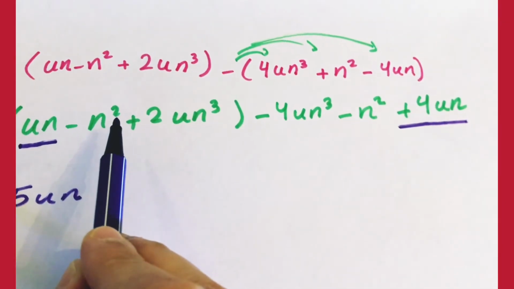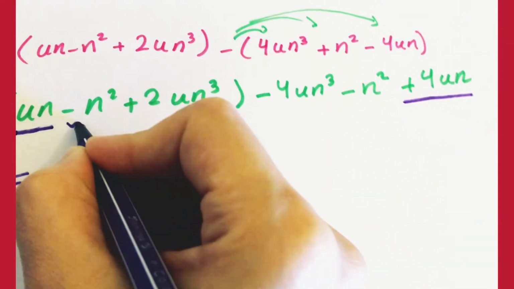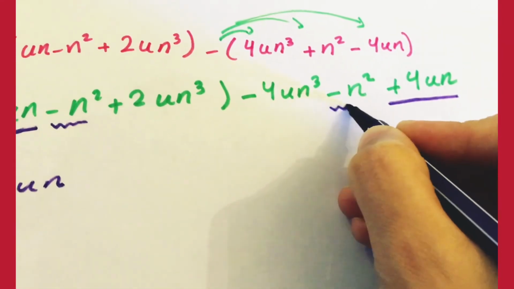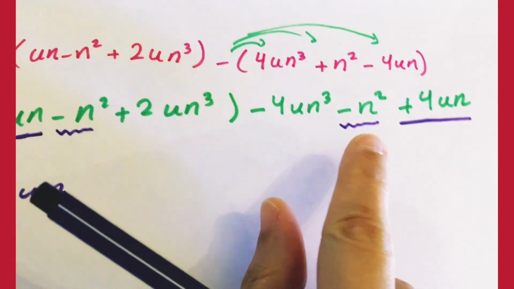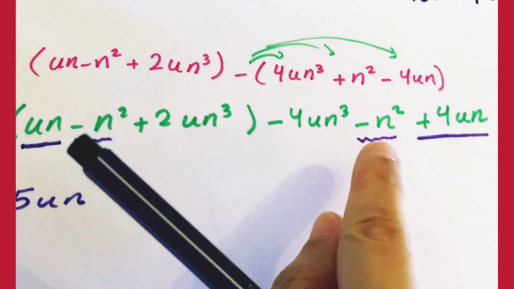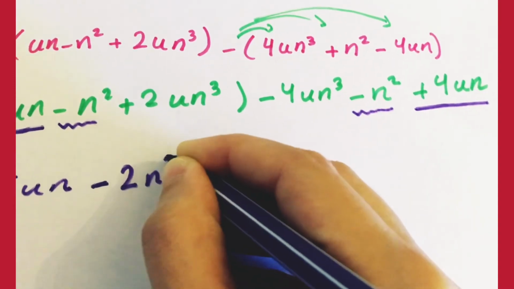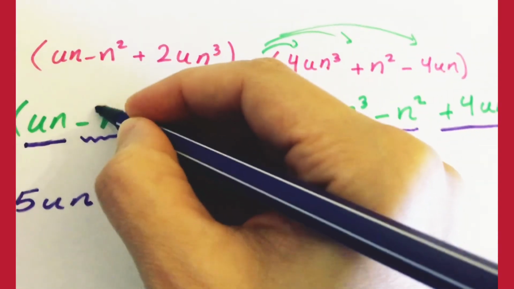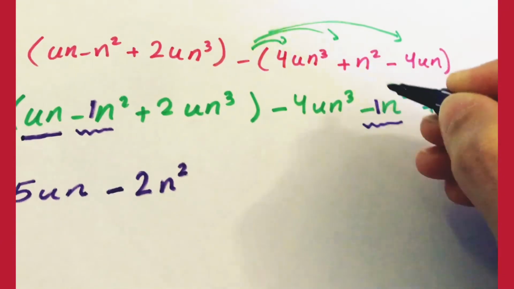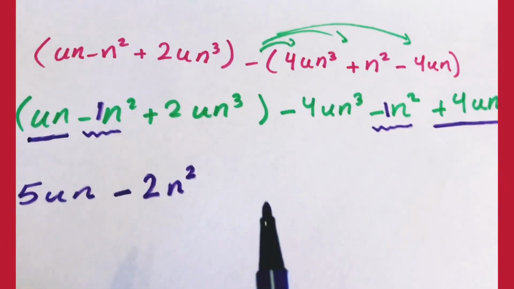Negative n square, this one with this one. Do we have another n square? No, negative n square. Negative n square, it will be negative 2n square, because here we have 1 and here we have 1. Negative 1 with negative 1 will be negative 2.